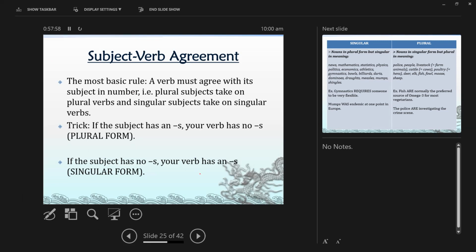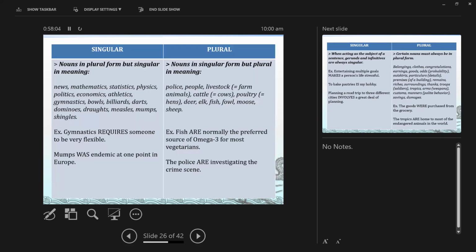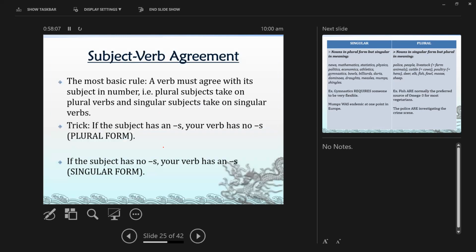Okay? For example, no. Let me give an example sentence first. He plays outside. He, we're talking about one person. He is a singular noun.